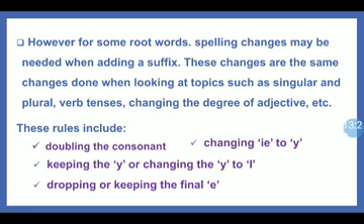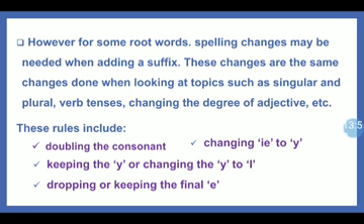Suppose we're doing adjectives and I'm comparing two persons. And I have the word big, B-I-G. But I'm going to compare my brother as well. So I am bigger than my brother. In this case, I would have to double the G because it has a CVC pattern with a short vowel sound. So we would end up with B-I-G-G-E-R.